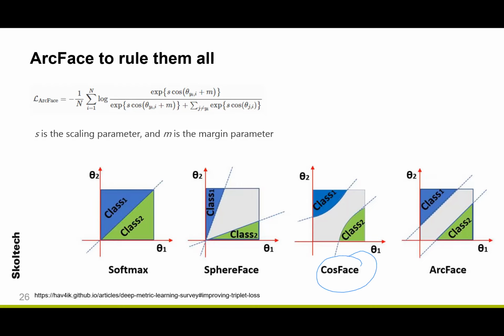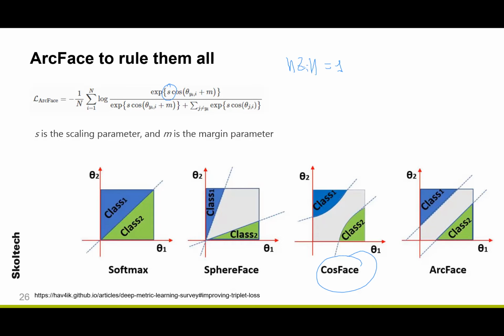In this case, we say that now z_i has norm 1. So we don't have it in the loss now, but we have two additional hyperparameters, scaling and margin. Scaling is like the temperature of the softmax, I would say. This helps to balance how big our margins should be, how big the angles should be.